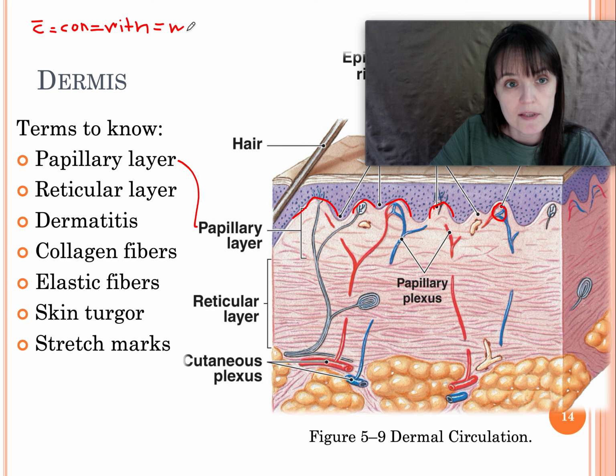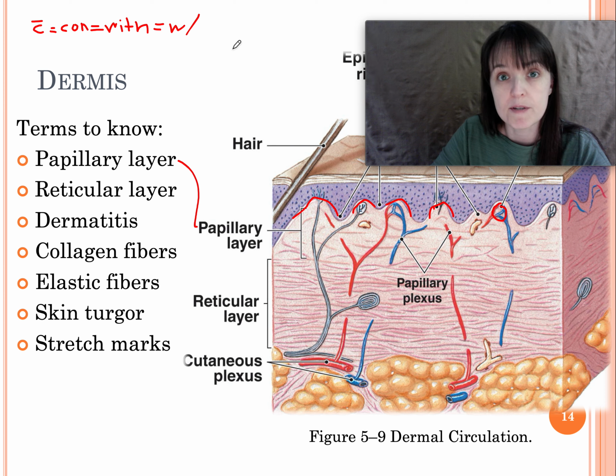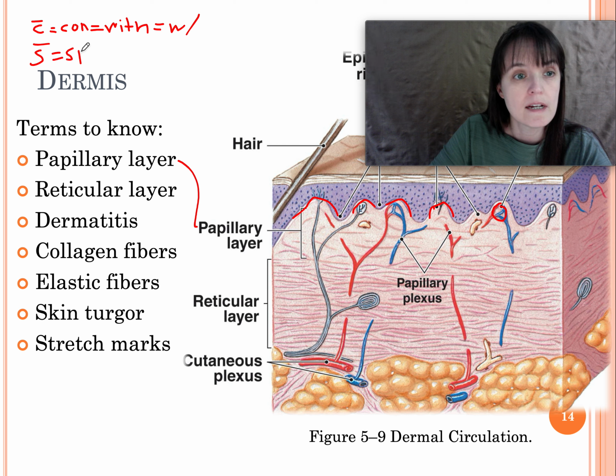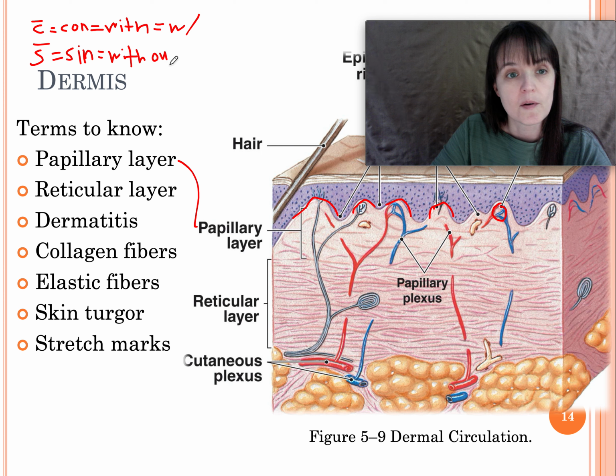So the C with a line over it is the same thing as W/. And then S with a line over it means sine, which I'm told in Spanish matches the Latin to also mean without. There you go.